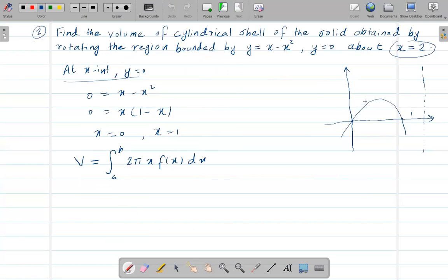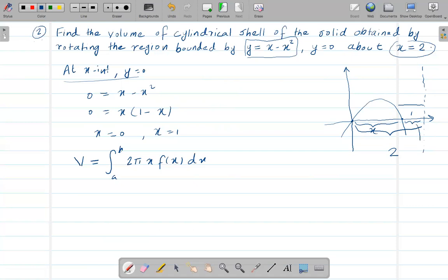Since now we have only one graph, the radius is basically from here to here. Since we said this is 2, and this one is x, that means this is 2 minus x.